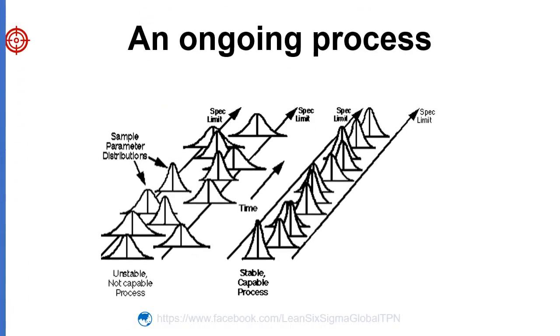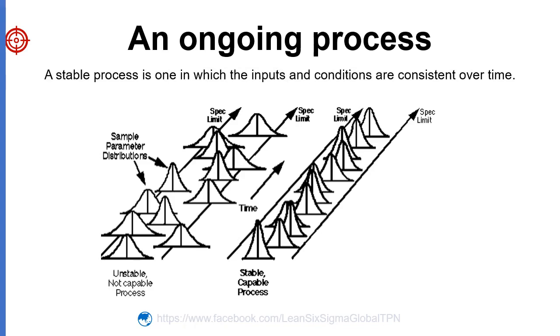A stable process is one in which the inputs and conditions are consistent over time. Any variation must occur in essentially random order. So if, for example, the process is sensitive to changes in temperature, it will not remain stable if the temperature rises steadily throughout the day.